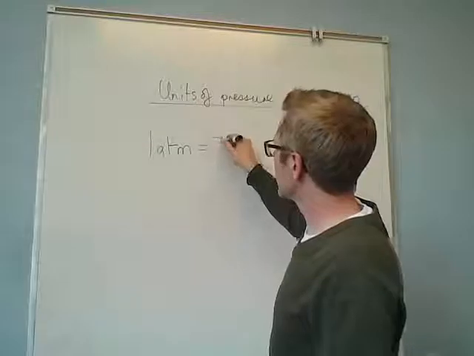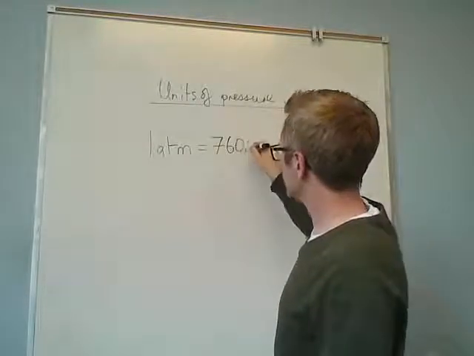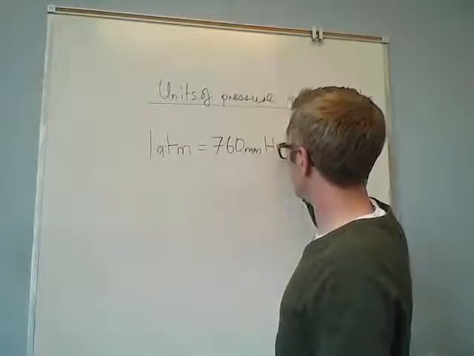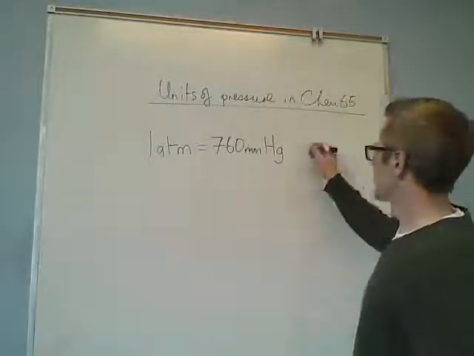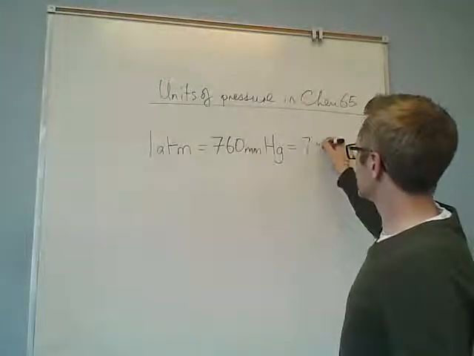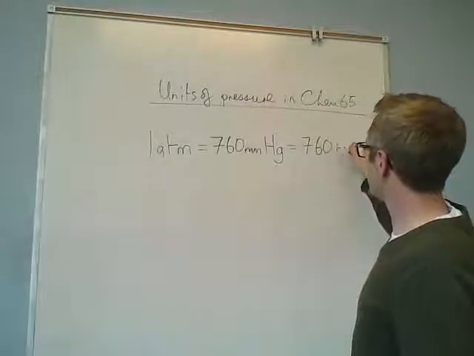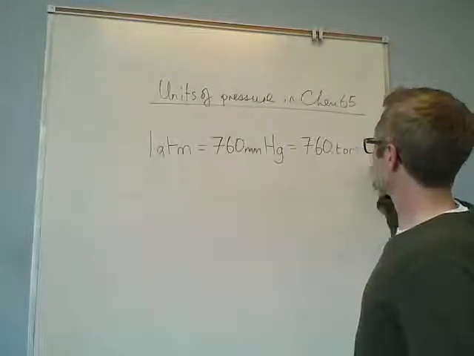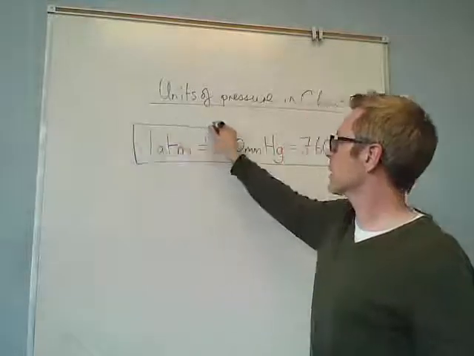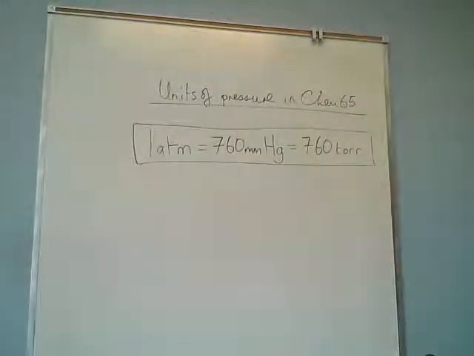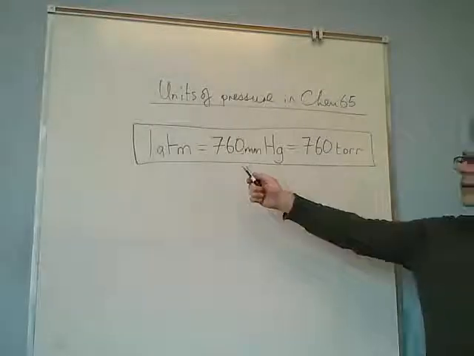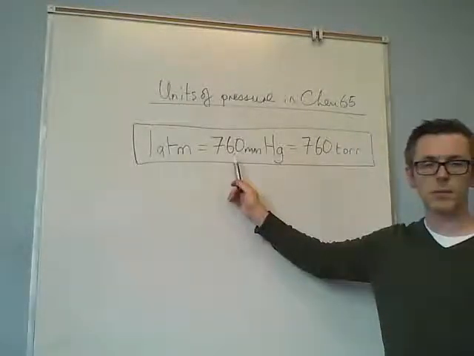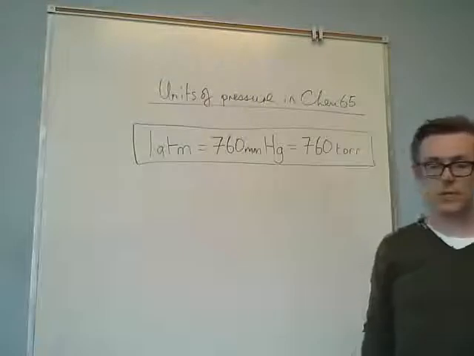I'll need you to know that that equals 760 millimeters of mercury, and that equals 760 torr. So they're the units I'll expect you to know in Chem 65. Okay, 1 atmospheric pressure is 760 millimeters of mercury, is 760 torr.